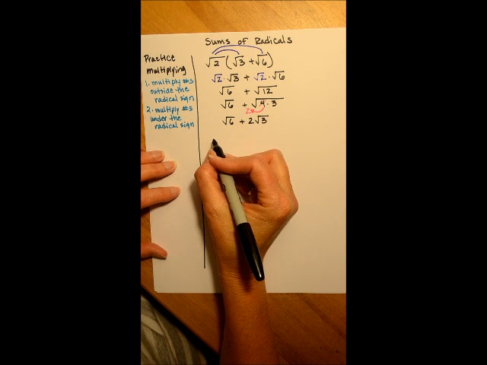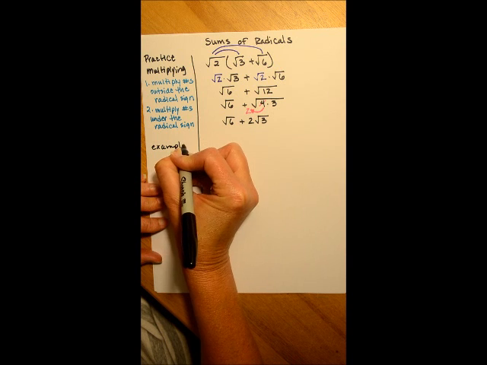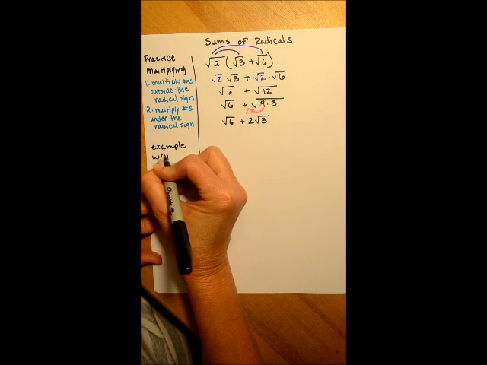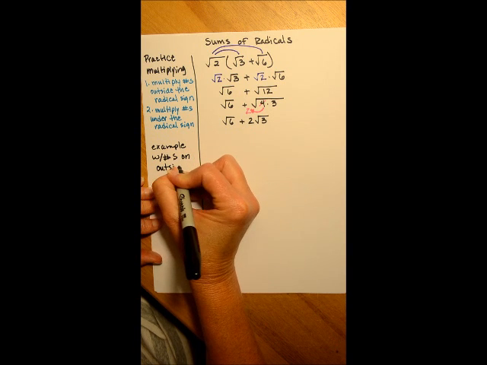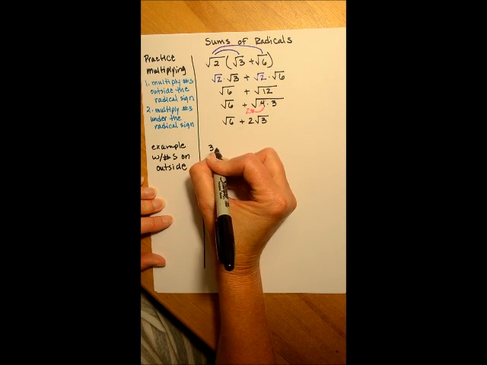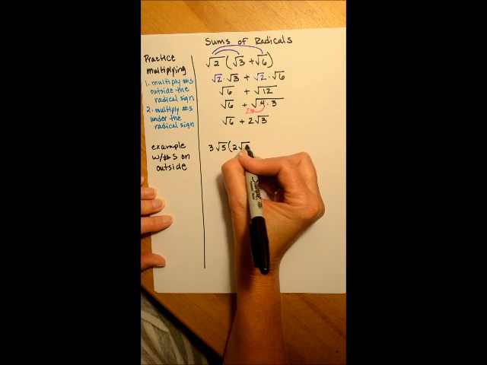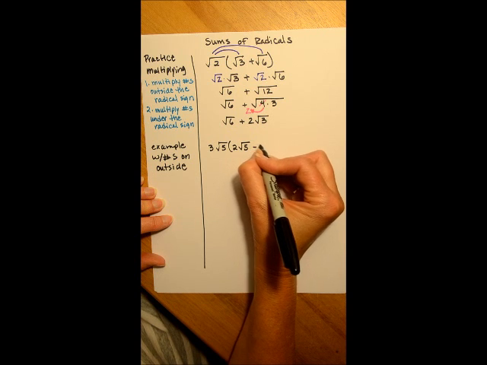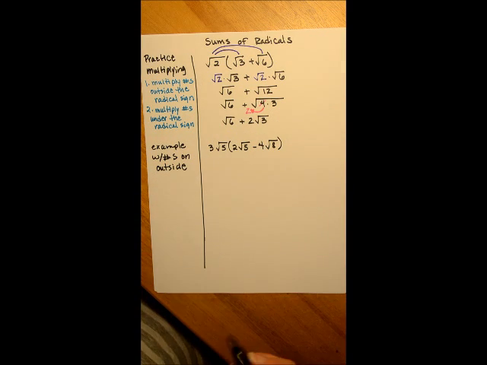Okay, let's try again. This time we're going to do an example with numbers on the outside. So we'll have 3 square root 5 times the quantity 2 square root 5 minus 4 square root 8. Okay, I'm going to distribute again.